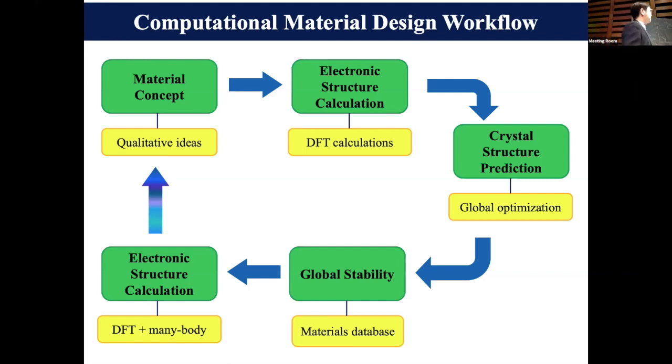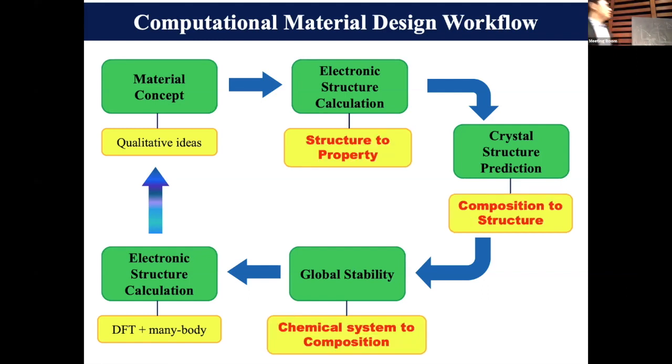This step enables us to provide another qualitative idea. So the computational workflow shows a cyclic process. The electronic structure calculation shows structure to property, the crystal structure prediction shows composition to structure, and the global stability shows chemical system to composition.